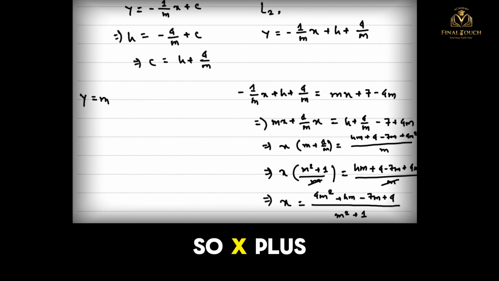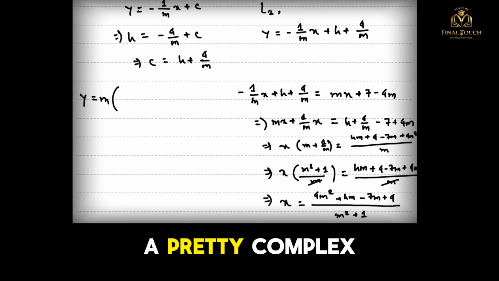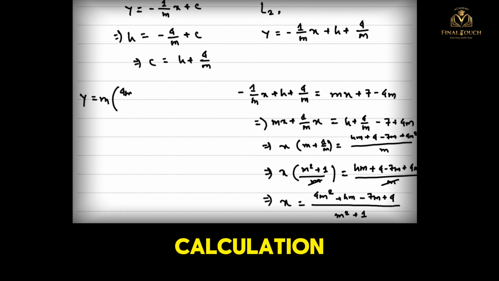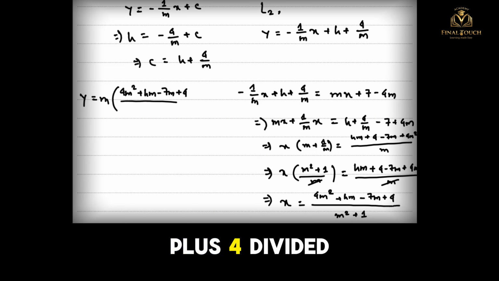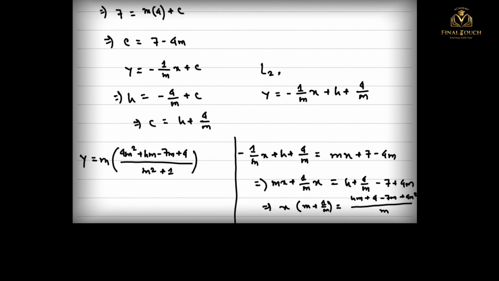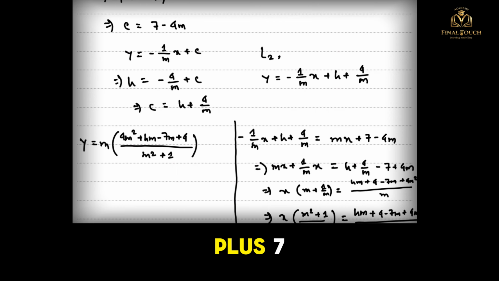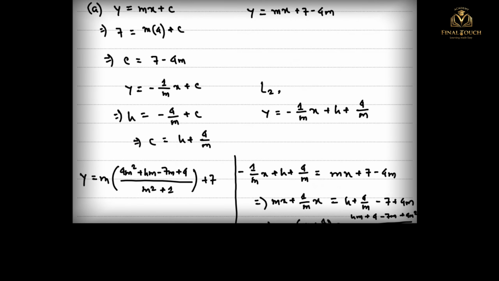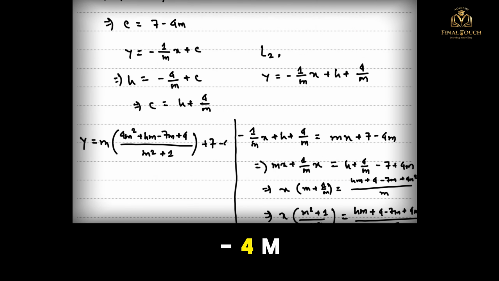So x was equal to, it's a pretty complex calculation, 4m square plus km minus 7m plus 4 divided by m square plus 1, multiplied by m, plus 7 minus 4m.